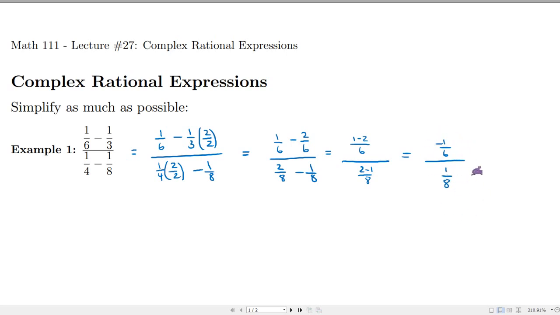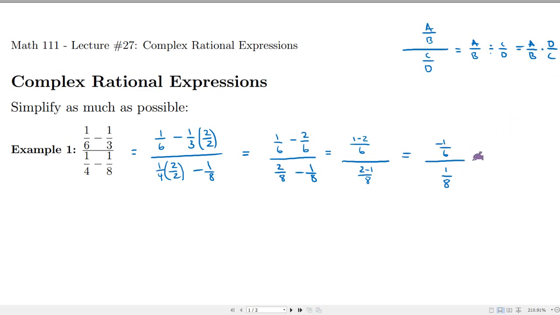Okay, now here is where we're going to have to use what we have seen before, which is if you have a over b divided by c over d, and how did we do this? Well, we multiplied by the reciprocal. So a over b multiplied by the reciprocal. Okay?